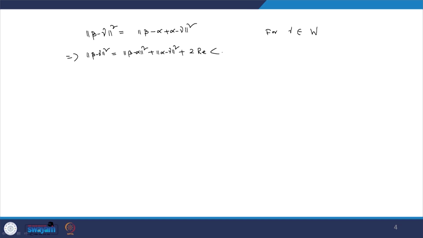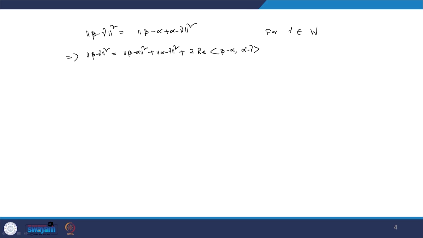We have norm of beta minus gamma whole square equal to, one can write, norm of beta minus alpha plus alpha minus gamma whole square, for gamma belonging to W. So, this implies norm of beta minus gamma whole square equals norm of beta minus alpha whole square plus norm of alpha minus gamma whole square plus 2 times the real component of inner product of beta minus alpha and alpha minus gamma.